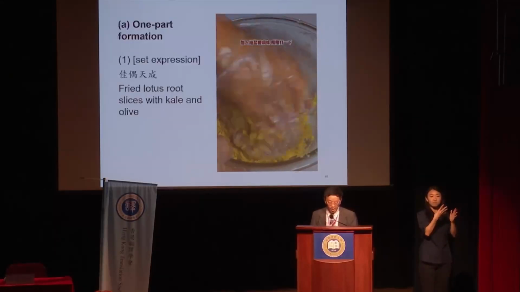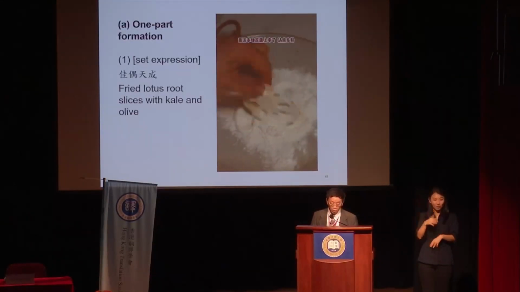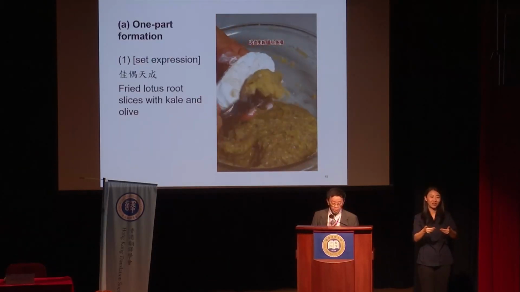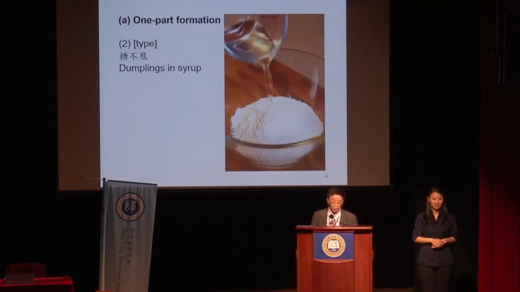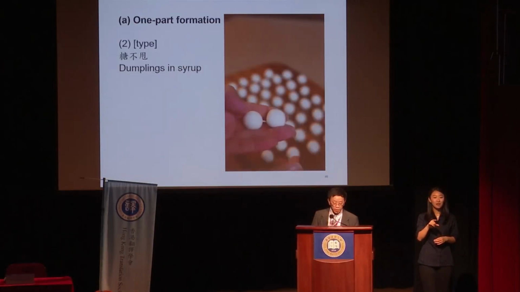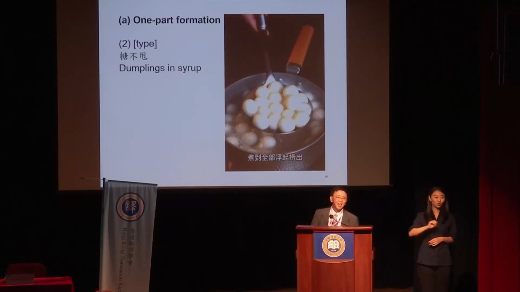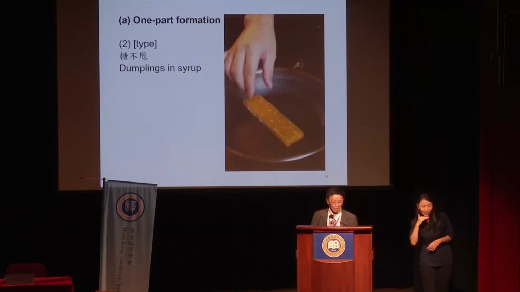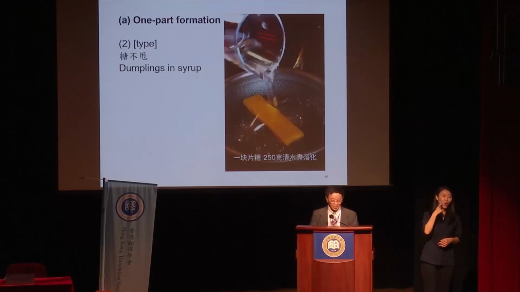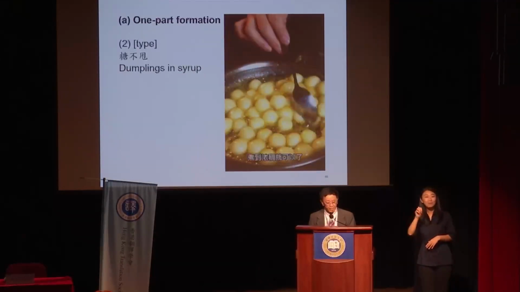Say, 该家偶天成 is fried lotus root, spices, kale and olive. It's also a one-part formation. Say it's 唐不, is it 衰? In Cantonese it's 唐不甩. It's easier to pronounce in Cantonese, but actually it means dumplings in syrup.